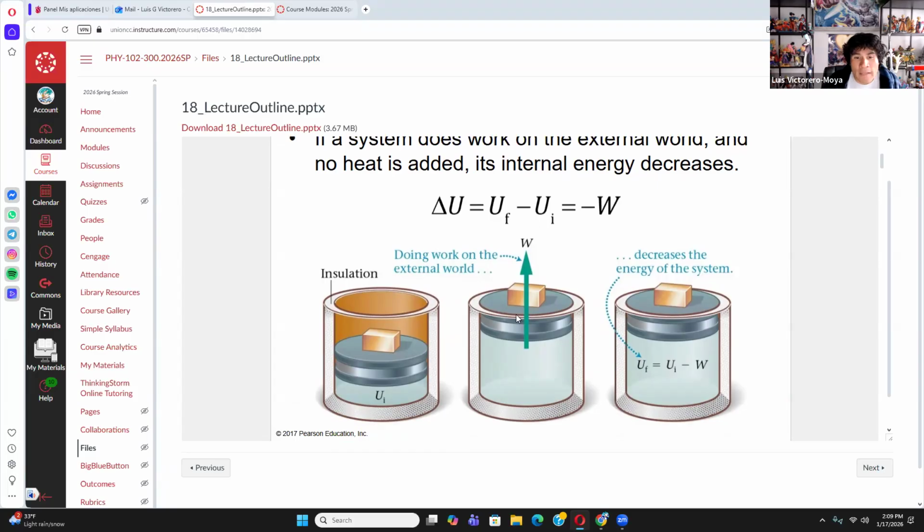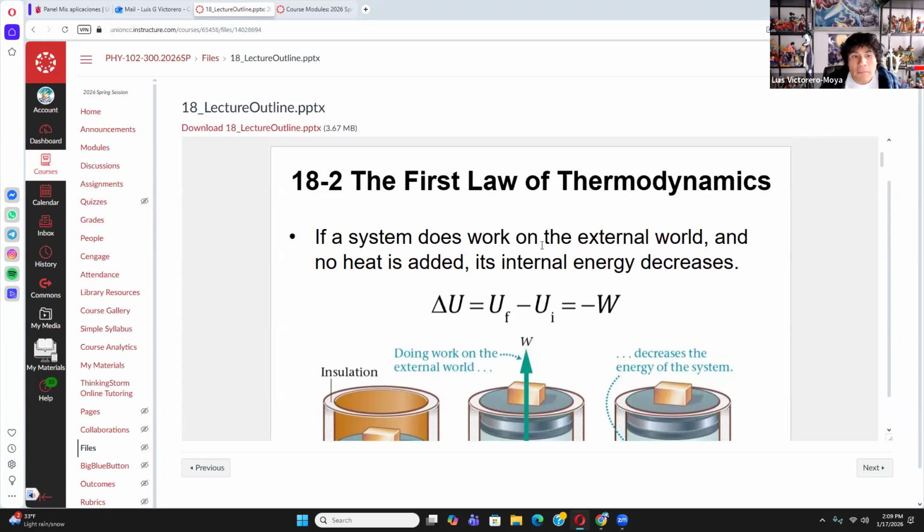Then doing work like this decreases the internal energy of the system. If the piston was moving down, it would be the other way around, and the work done on the gas is equal to the change of internal energy, which in this case will be positive. But again, this is an ideal situation where there is no heat added or lost.